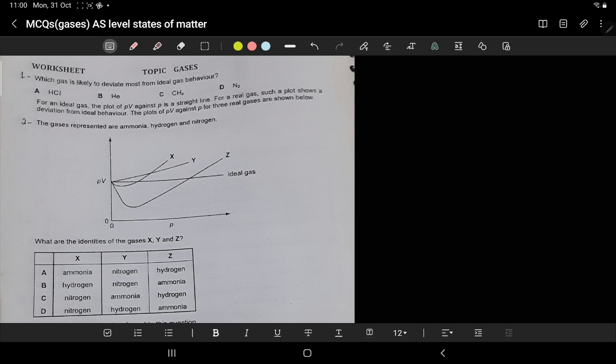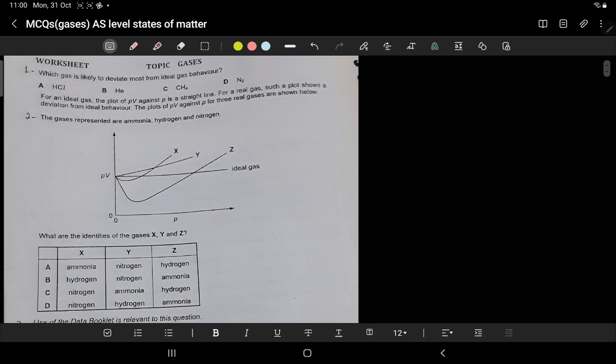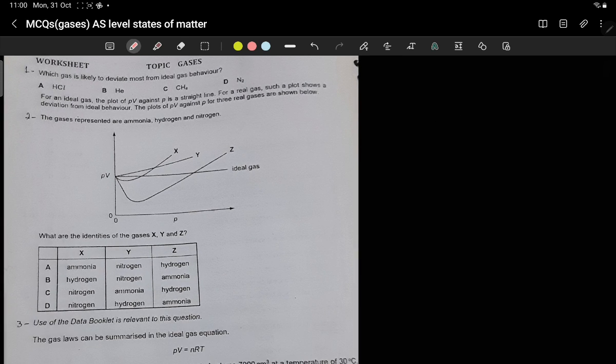So first question: which gas is likely to deviate most from ideal gas behavior? You know that we have two types of molecules, polar and non-polar. For this question, first identify which are polar molecules, because polar molecules deviate most.